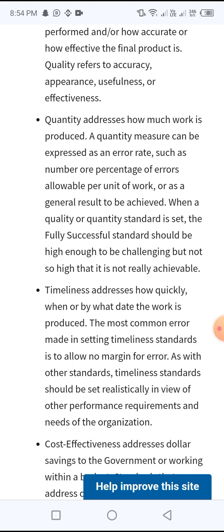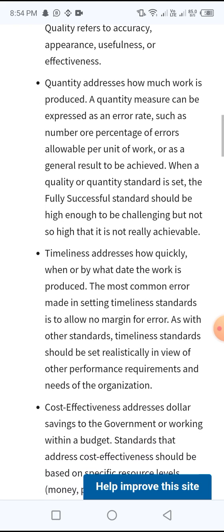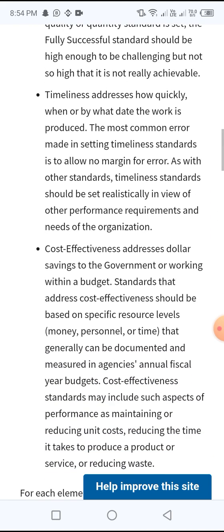The most common error made in setting timeliness standards is to allow no margin for error. As with other standards, timeliness standards should be set realistically in view of other performance requirements and needs of the organization. Cost effectiveness addresses dollar savings to the government or working within a budget.